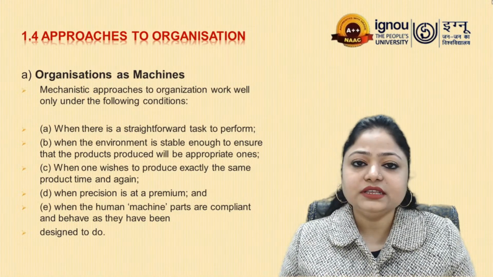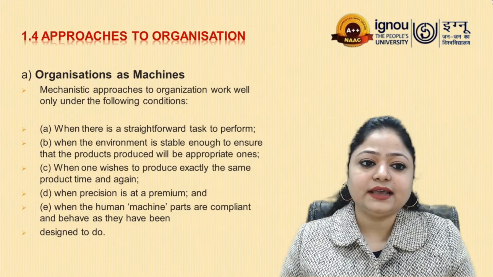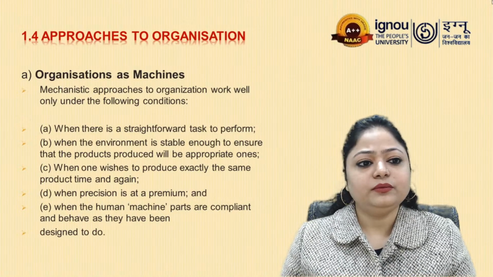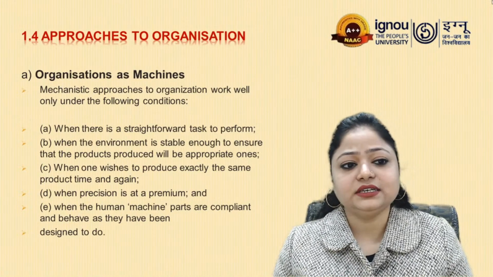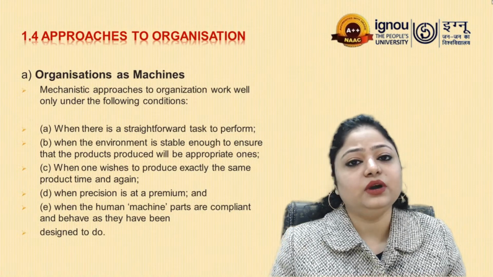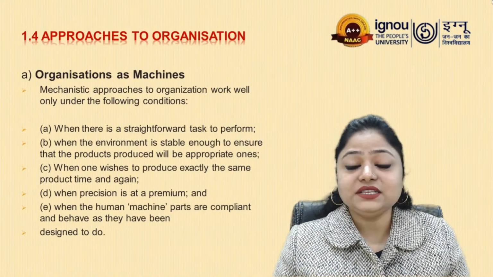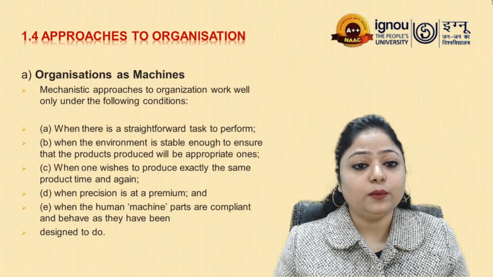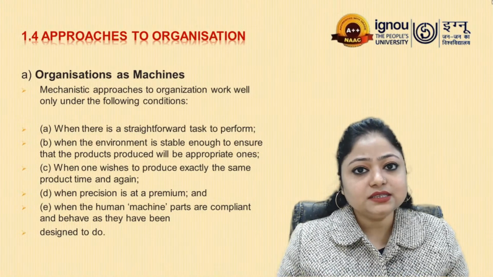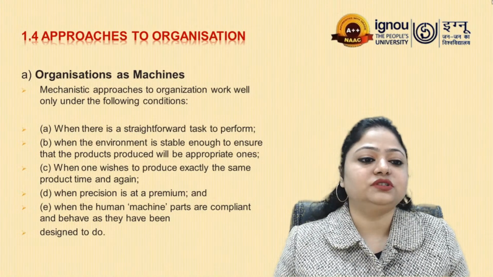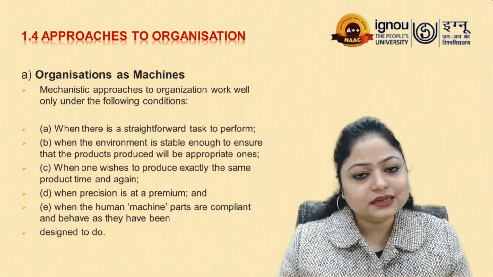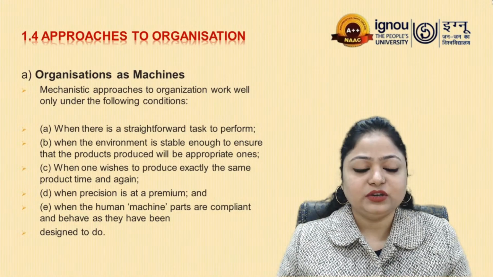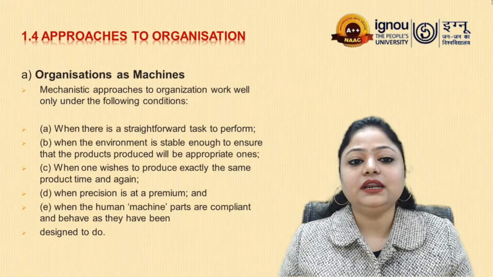In the same manner, organization also has certain parts. So the mechanistic approach to organization works well only under a few conditions. As we have discussed, organization is an open system, and machines are somewhat of a closed system, but we can understand it as a machine in the light of certain assumptions.